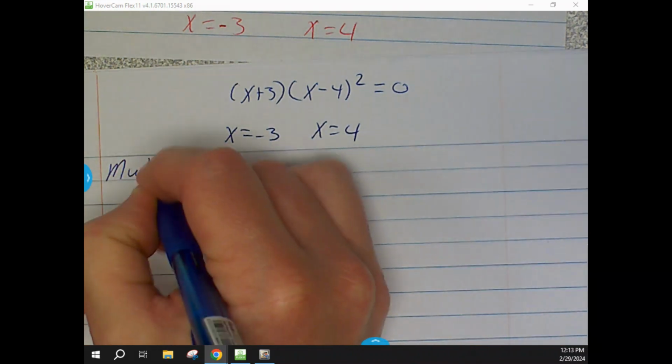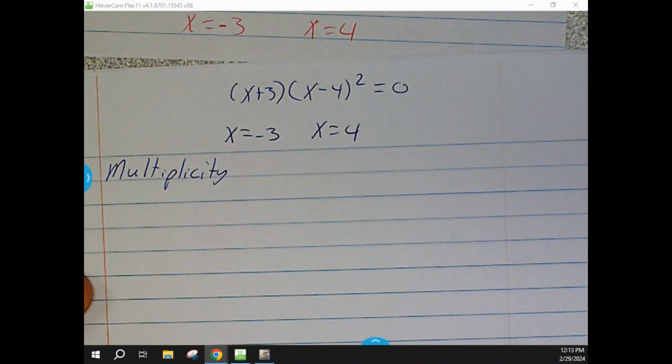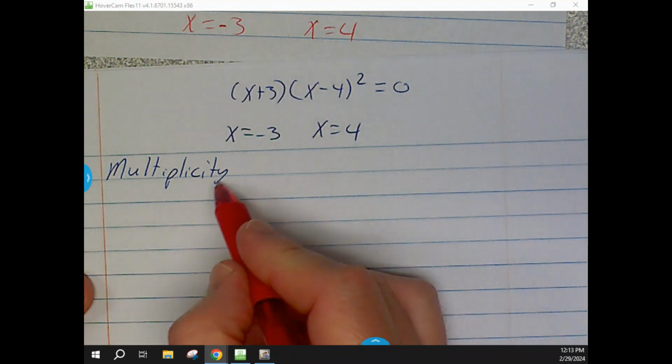Okay, for the multiplicity, here's what you have to do. For this part that we've solved, the multiplicity is just the powers.